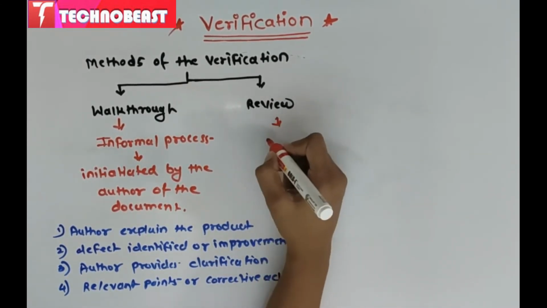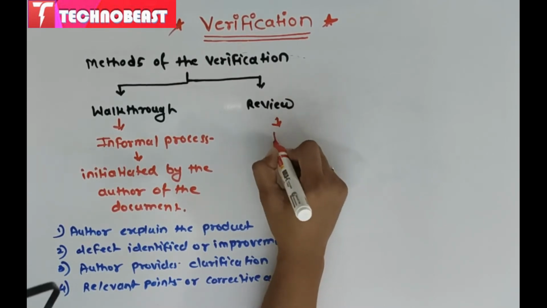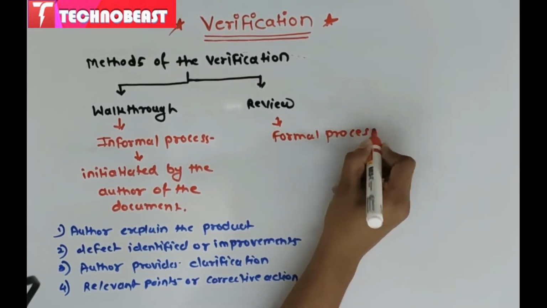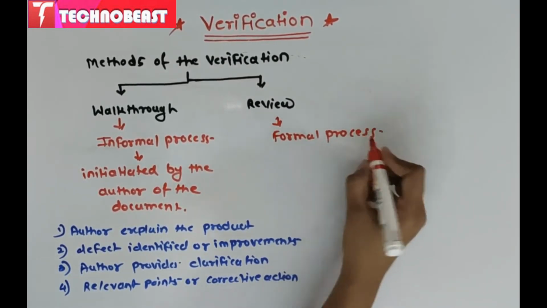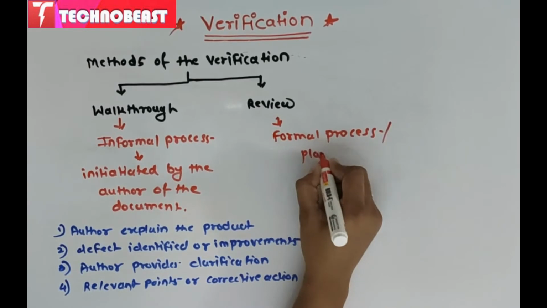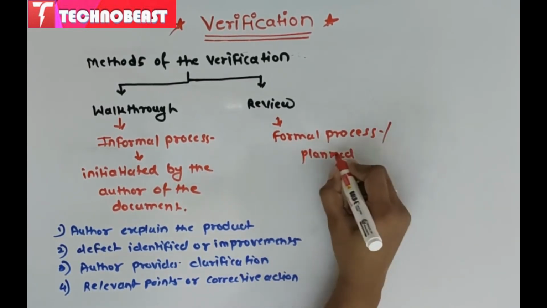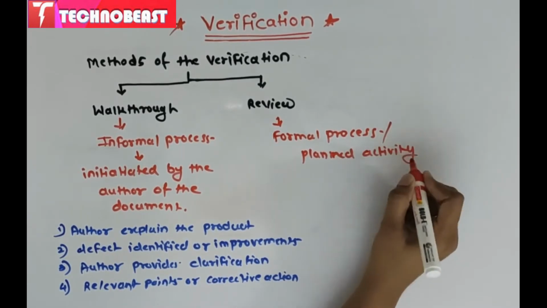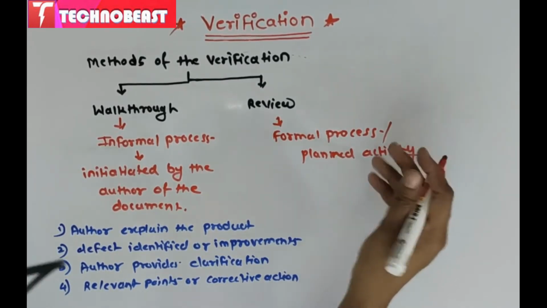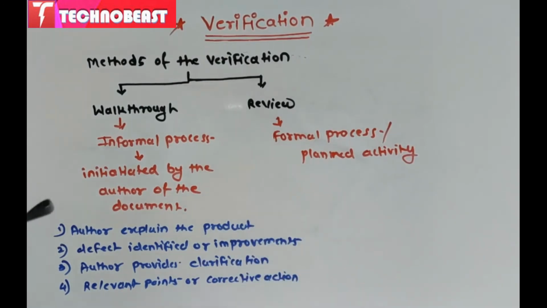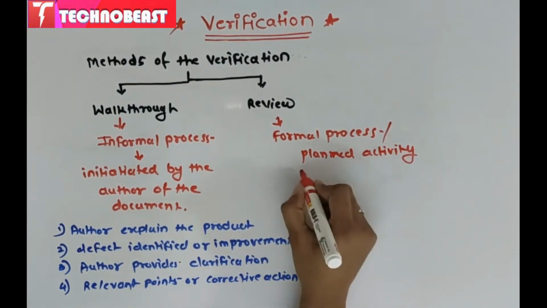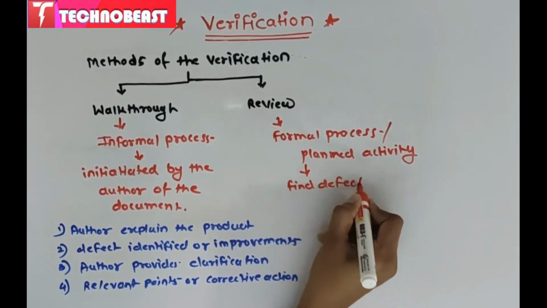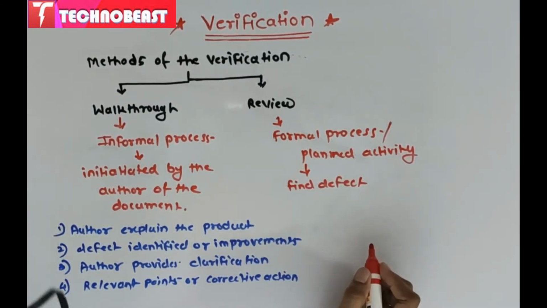Means for this review, we can say that it is a formal process, or we can say that it is a planned activity. It uses a well-defined process to find defects. What are they going to do? Find defects with a formal process.